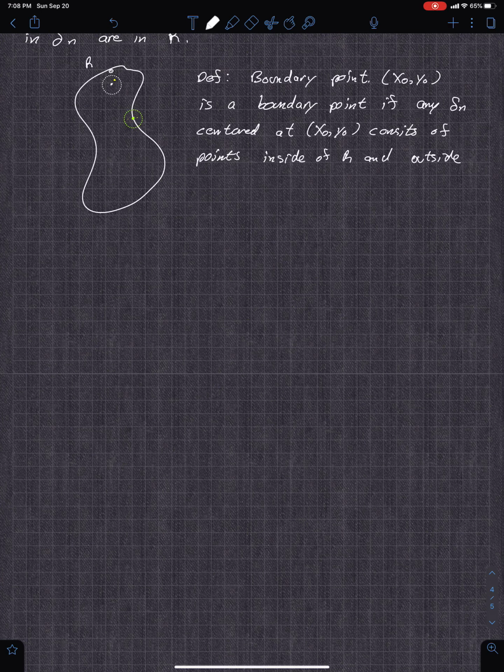Next is definition of open. All right, so you've heard of open in 2D, or on the number line. So this is open for a region.